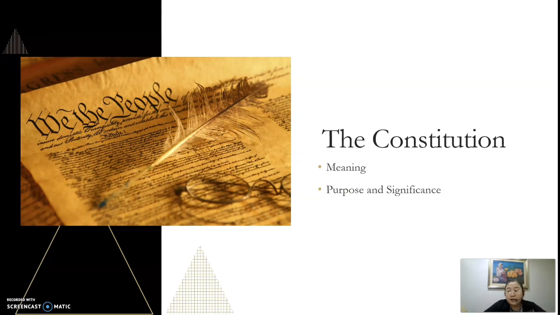Now, from that definition alone, you will see that there is an interplay of the elements of the state, more particularly the government and the population, and of course, the jurisdiction. And even if it does not state categorically about the element of sovereignty, it is included therein.